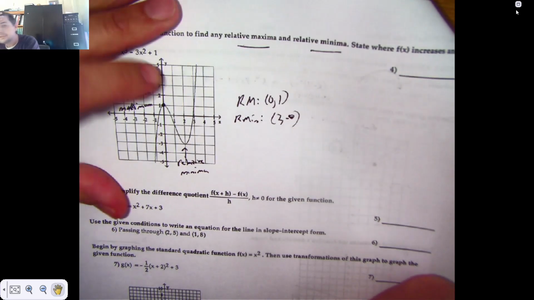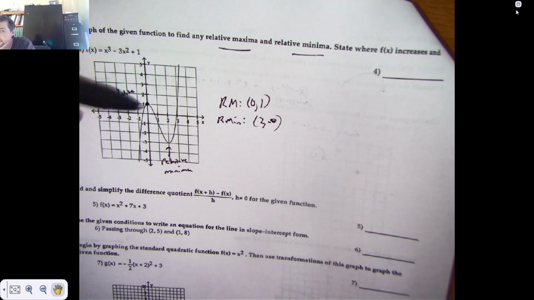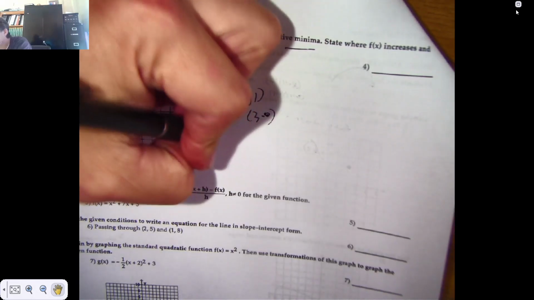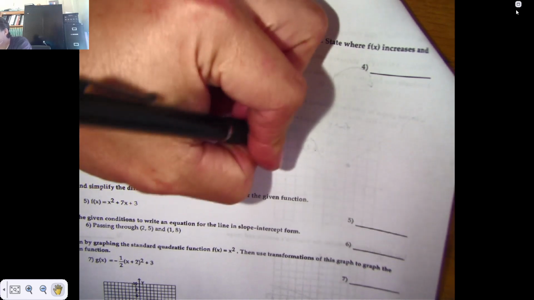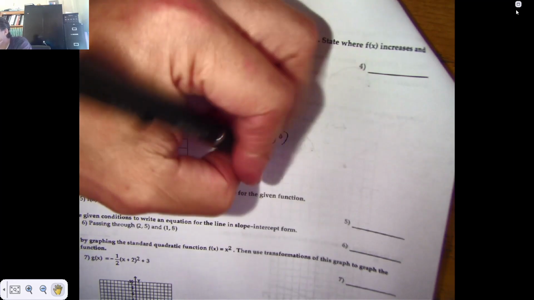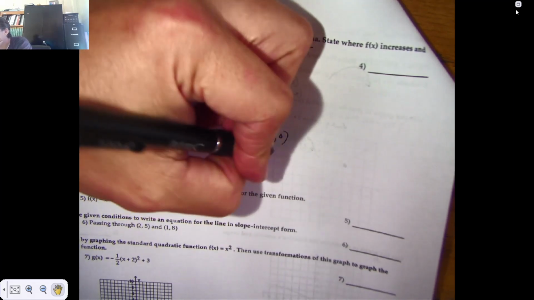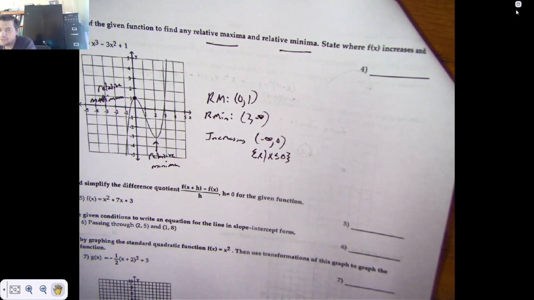Now, where is the function increasing? The function is increasing from here to here, from negative infinity to 0, which you could also see written as all values of x such that x is less than or equal to 0. Don't forget about set builder, it still matters.